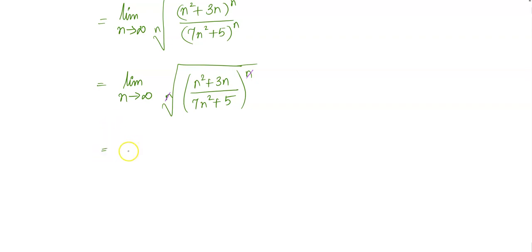And now we have the root and the power. If they undo each other, they both are gone, leaving us with n squared plus 3n over 7n squared plus 5 for the limit. Now this makes it a lot easier because now we are ready to divide by n squared.